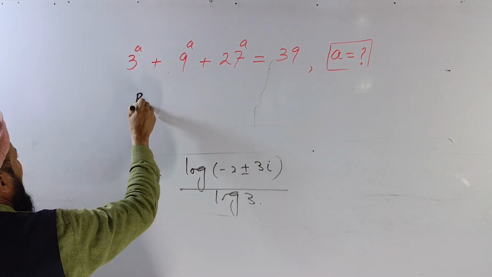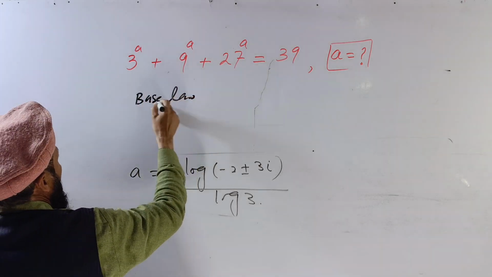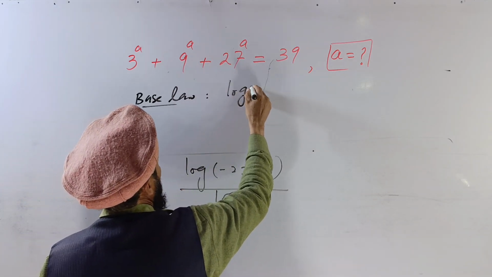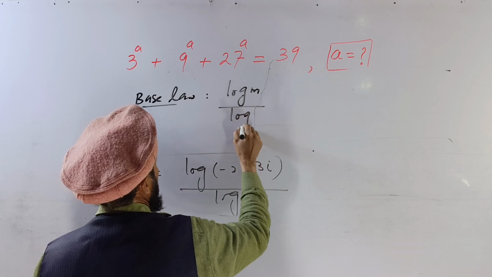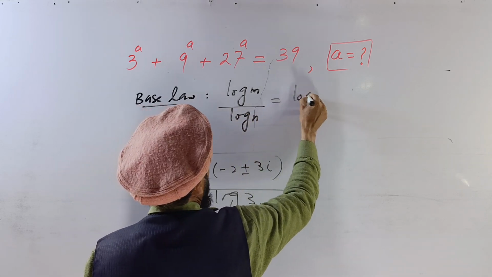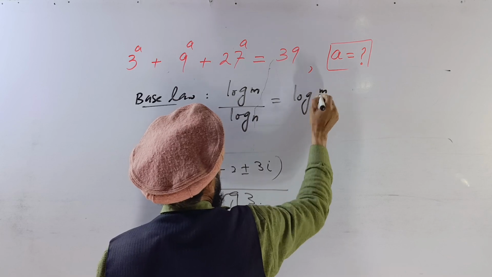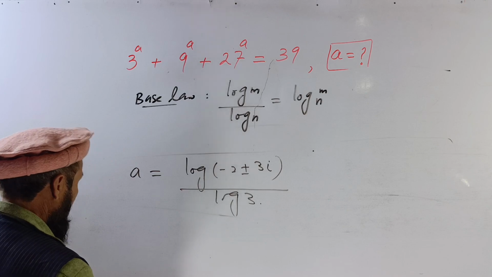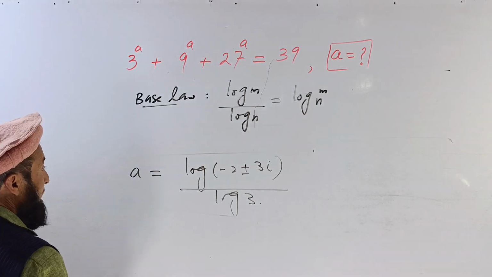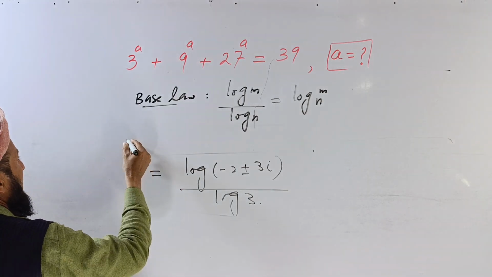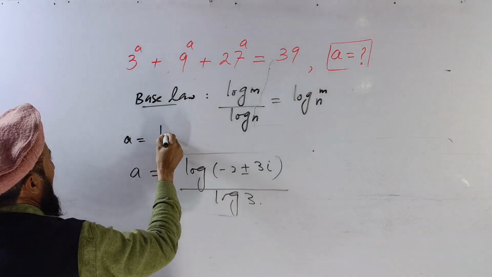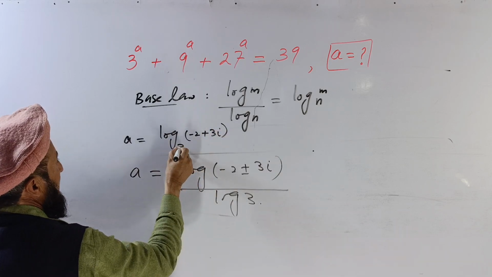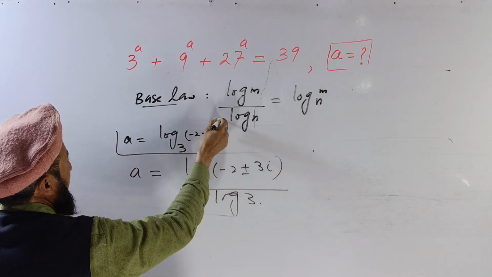So we have the base law: log of m divided by log of n is equal to log of m to the base n. According to this law, we can write a is equal to log of minus 2 plus 3 iota, with base 3. So that is the final result.